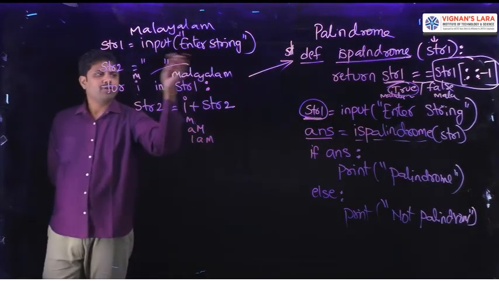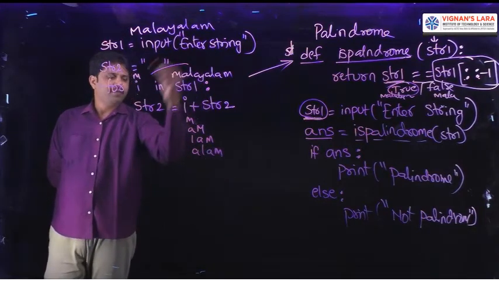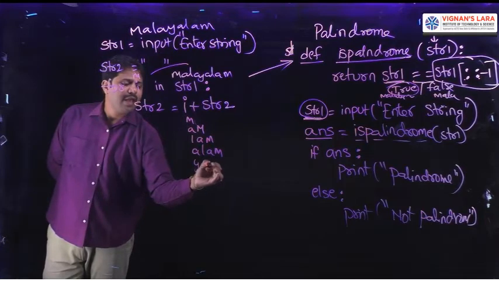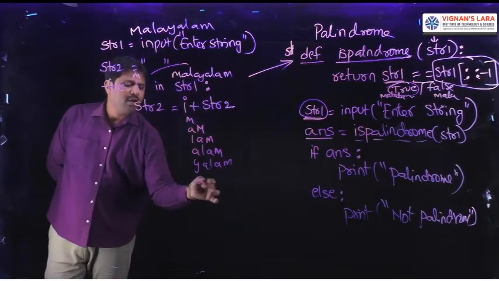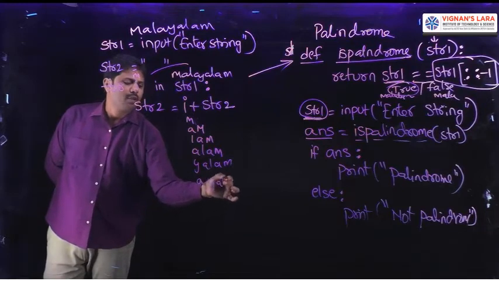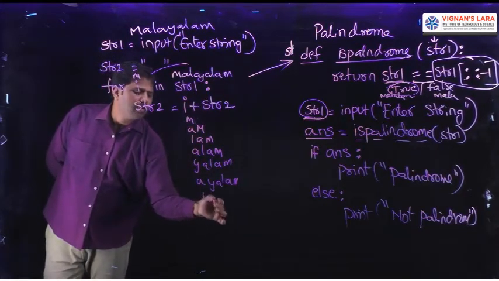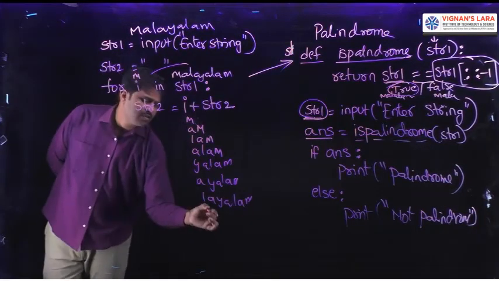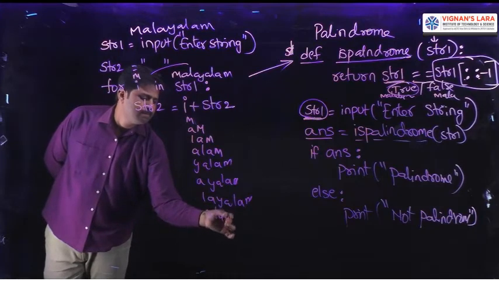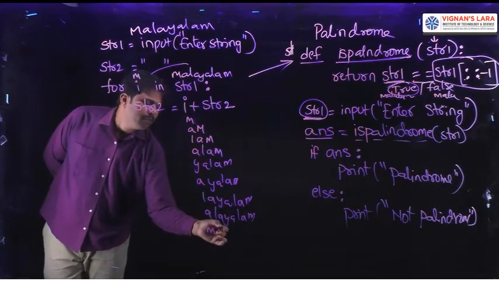For the fourth iteration, A comes, A L A M. For the fifth, Y. Next one, A. Next again, L. Next, A. And finally, M.